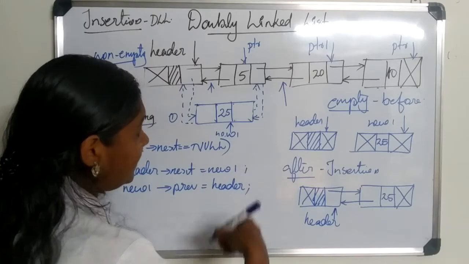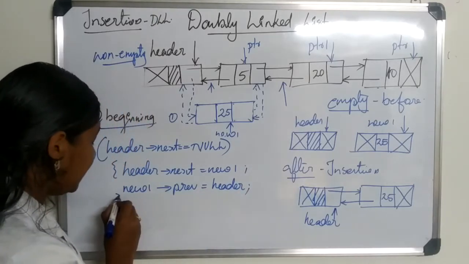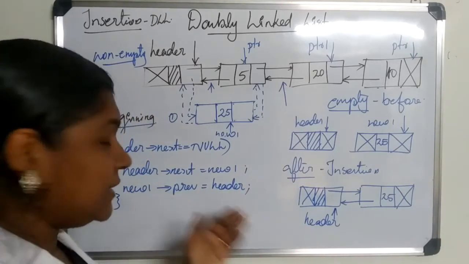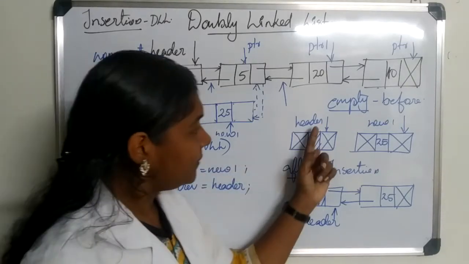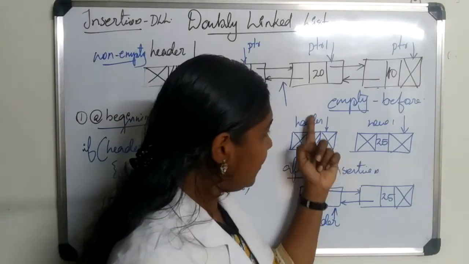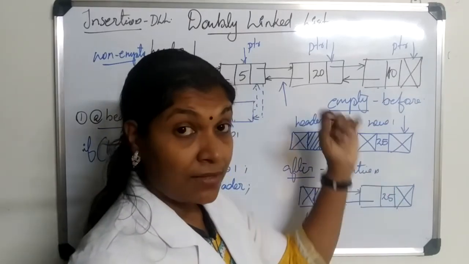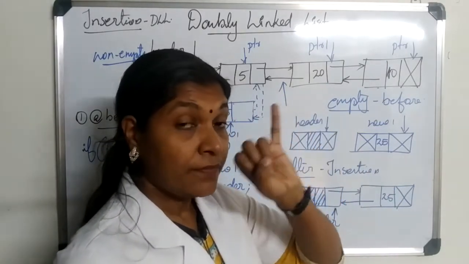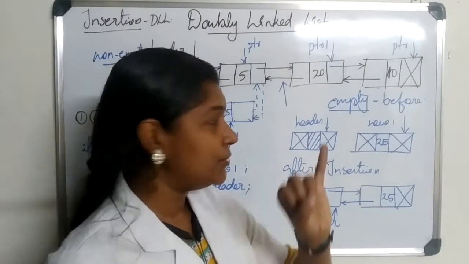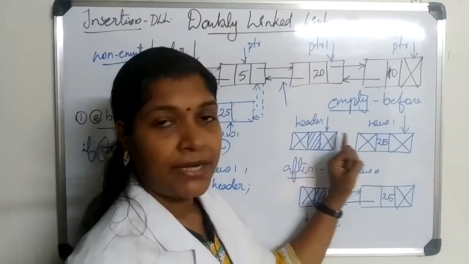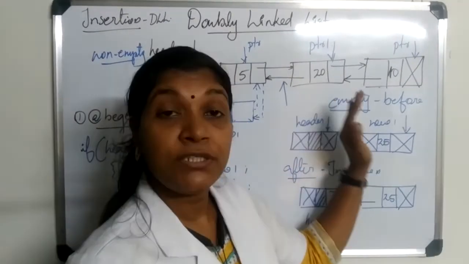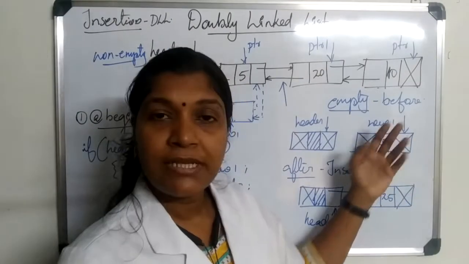So you would be remembering the method by which we are writing the order of these pointers, right? What are we doing? We are making the next pointer of header point to the new one node. So how can we write? First, we need to remember which pointer we are going to use. The pointer we are going to use is header dot next. To which location? That location's name is new one.